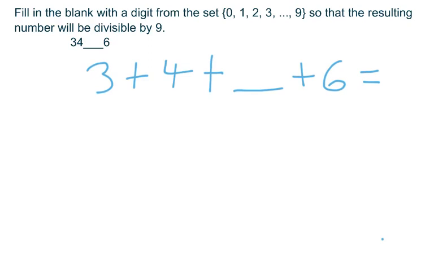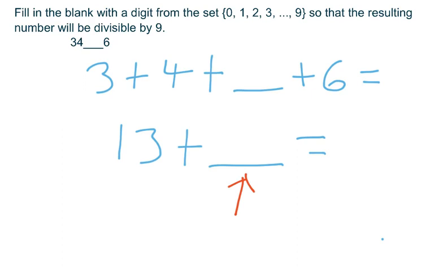So if I take a look at what I've got so far, 3 plus 4 plus 6, if I add up those numbers, I'd have a 13. I don't know what goes in that blank yet, so we've got to figure that out. But by that divisibility rule, if I could think of a number to put in this blank so that when I add them up I get a number that's divisible by 9, then the original number was divisible by 9.